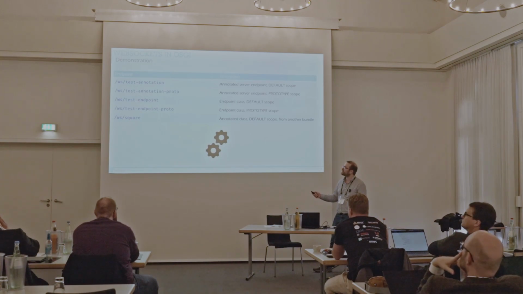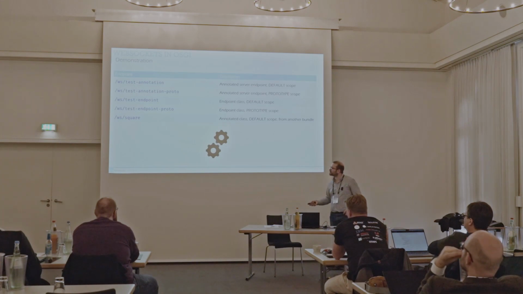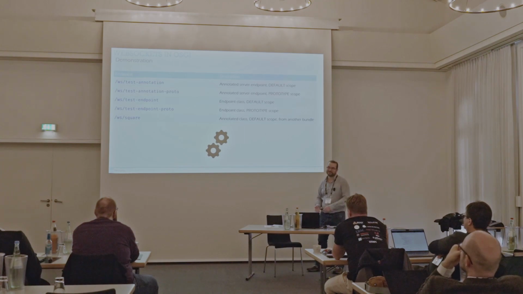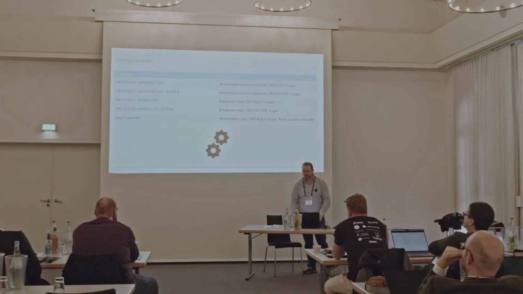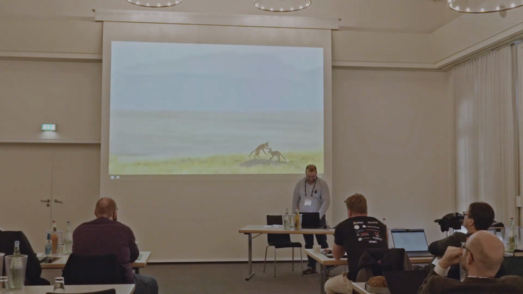Those ones are exactly the same, it's just that the code is based on extending the endpoint class instead of using annotations. And square is just something annotated, but from another bundle, just to test that it works when you're not in the same bundle as the prototype. So as it should. So behold.